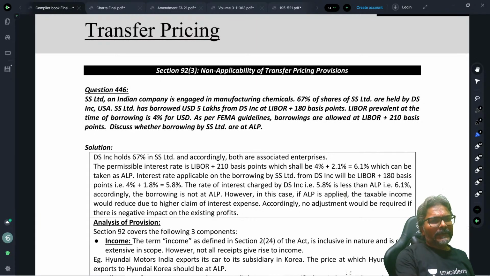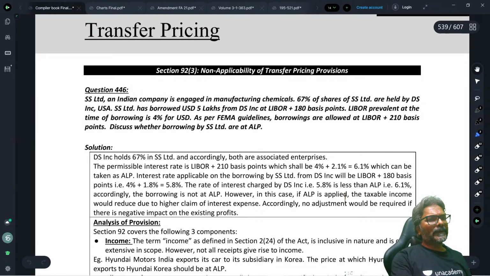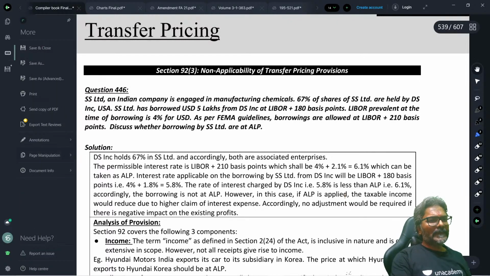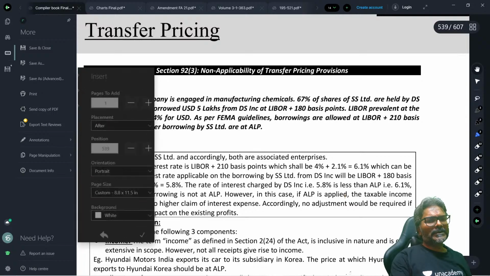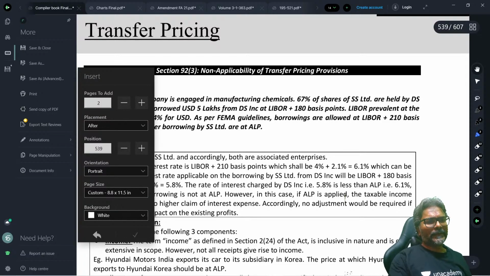Before that, a very quick recap of the provision, students. Let me give you a very quick recap of the provision, and then we start with the chapter itself. Students, let's start with the applicability of the transfer pricing provision.